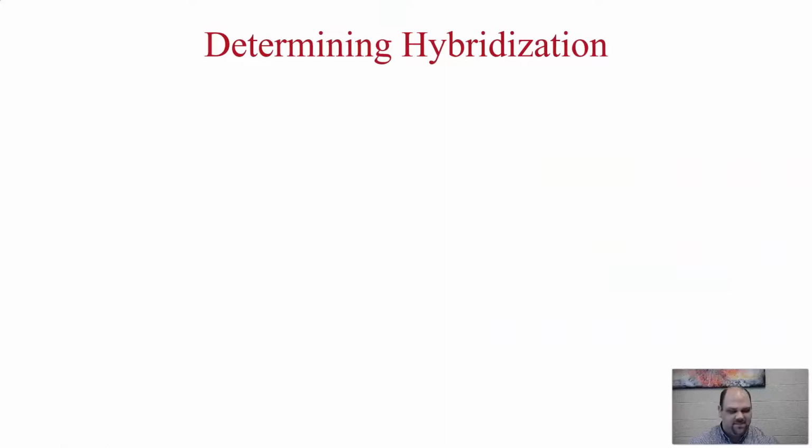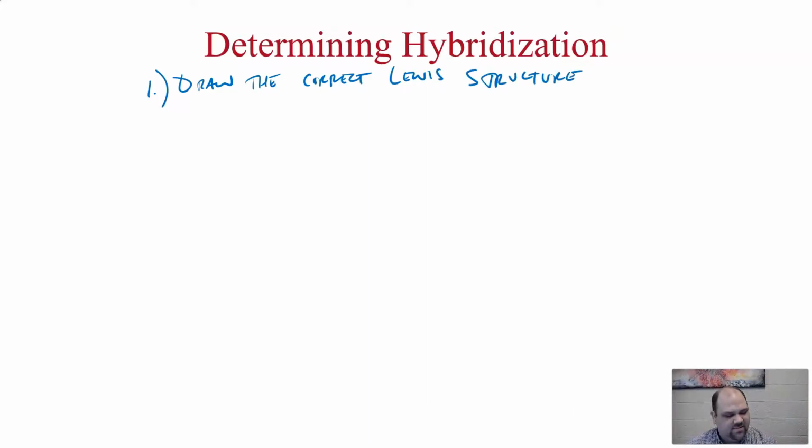So how do we determine hybridization? Well, first and foremost, we need the Lewis structure. You'll notice that this is a continuing theme, and this will be a big part of organic chemistry. Right? Knowing the structure of a molecule is really a key component of chemistry and moving forward. So draw the correct Lewis structure, and then just like we determined the geometry for each central atom, similarly here, we're going to determine the hybridization of each central atom.